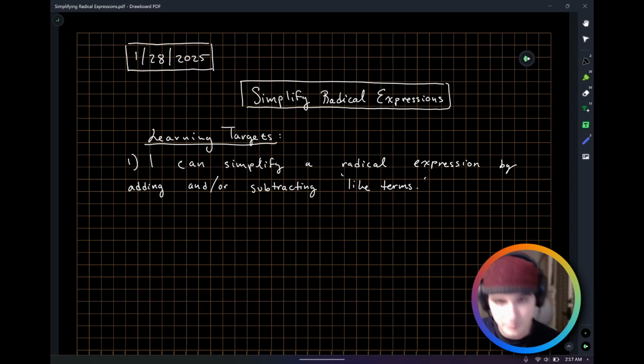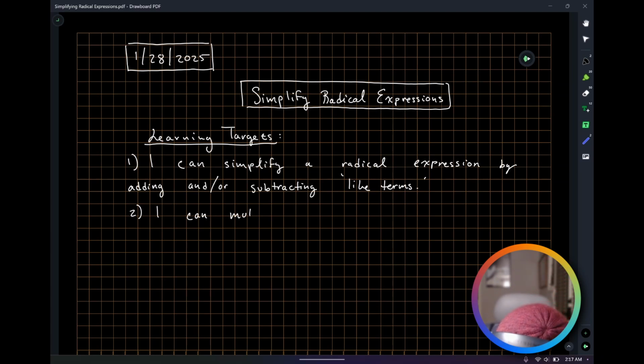And see how like terms applies here with square roots and radicals. So 3 examples related to that.